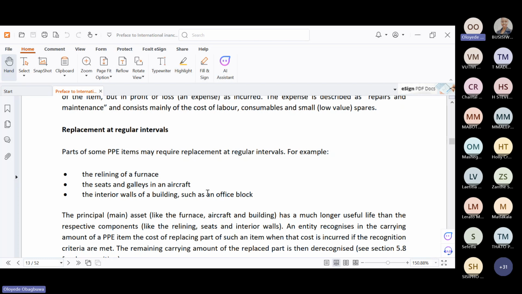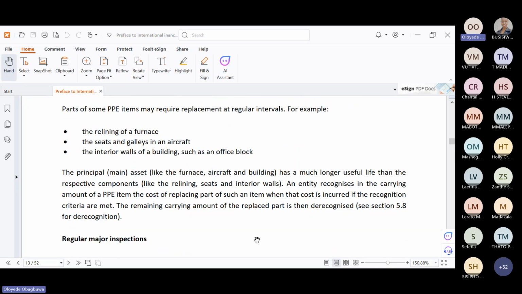Then replacement at regular intervals. Parts of a PPE item may require replacement at regular intervals. For example, the relining of a furnace, the seats and galleys in an aircraft, the interior walls of buildings such as an office block. The principal main asset like a furnace, aircraft, and building has a much longer useful life than the respective component, like the relining, seats, and interior walls.